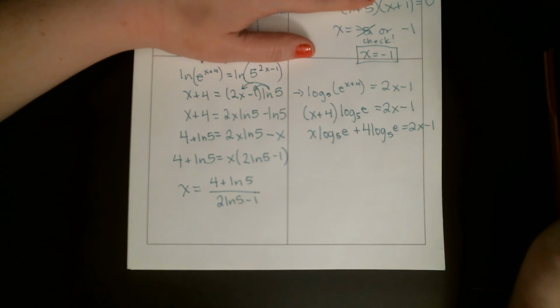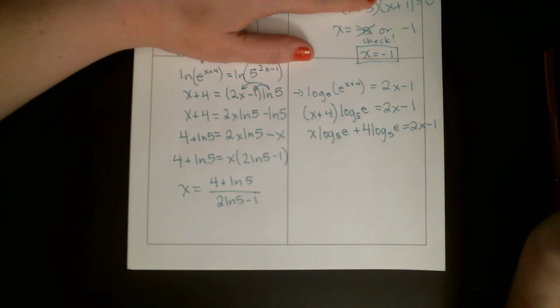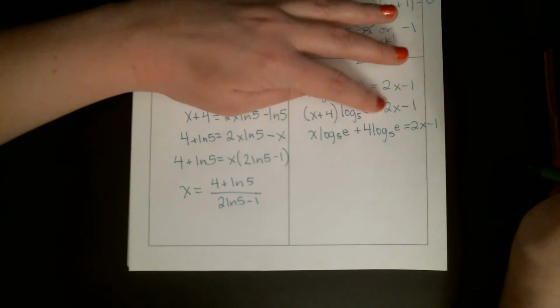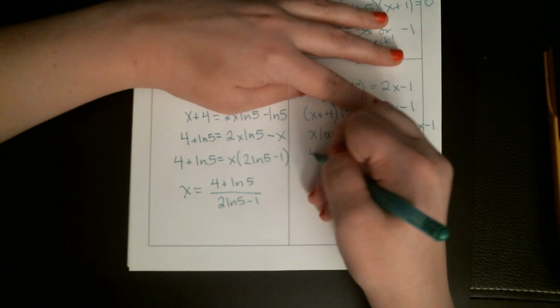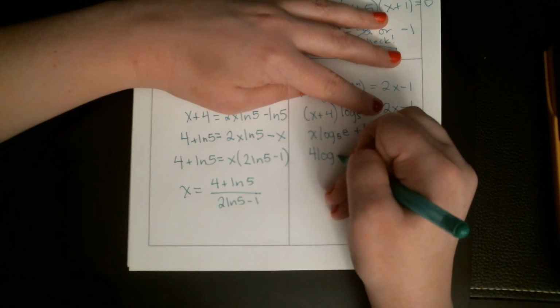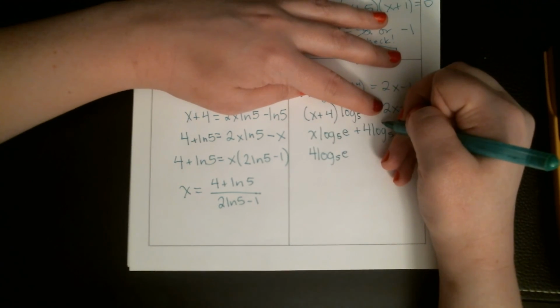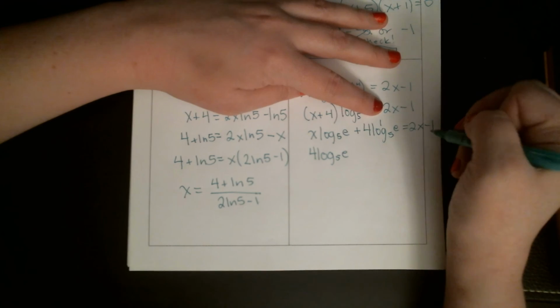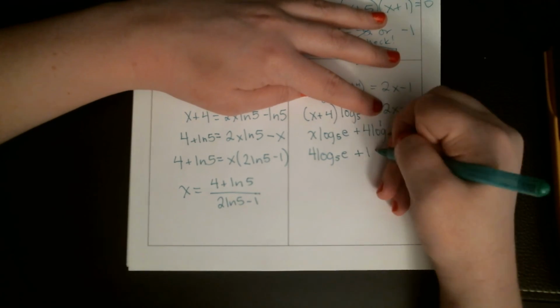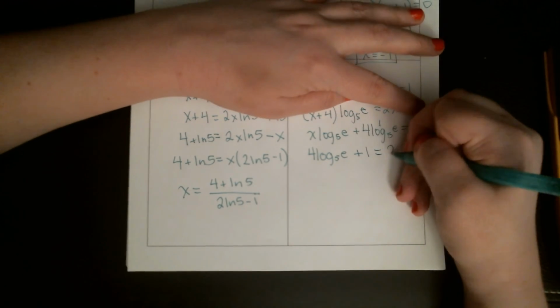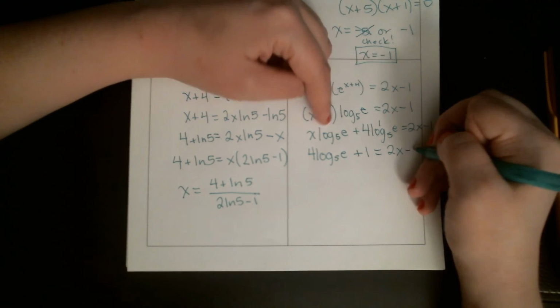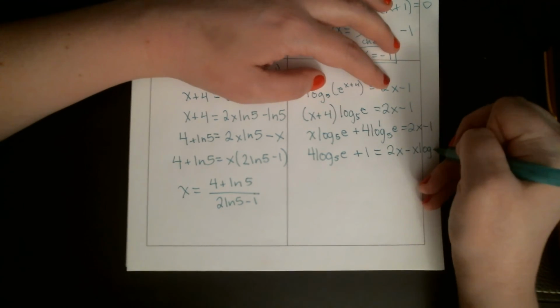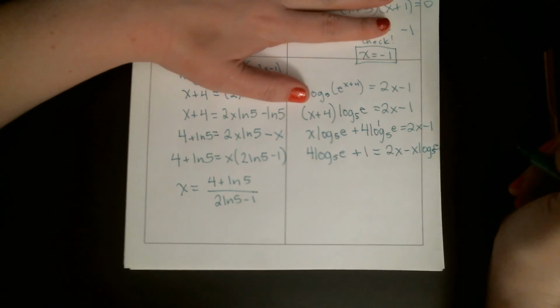it'll look like this. I'm going to choose the same side. I'm going to move x's to the right and leave constants on the left. So the 4 log base 5 of e stays where it is. I'm going to add 1 to that side. The 2x stays where it is, and I subtract the x log base 5 of e.